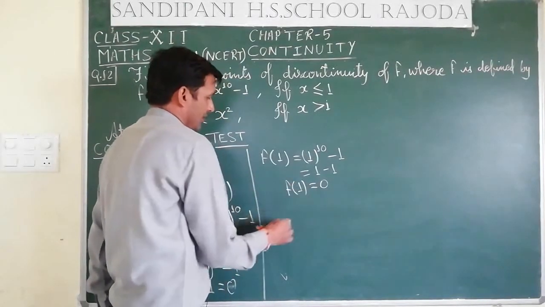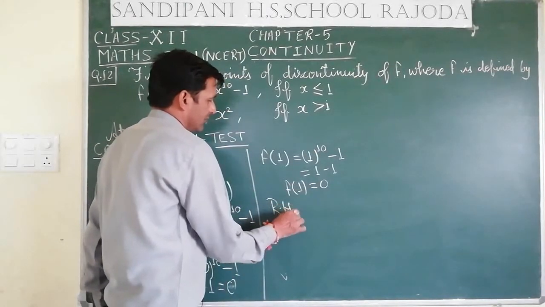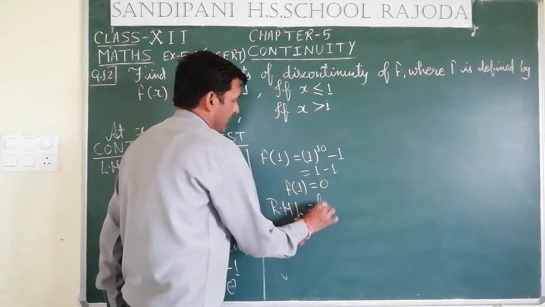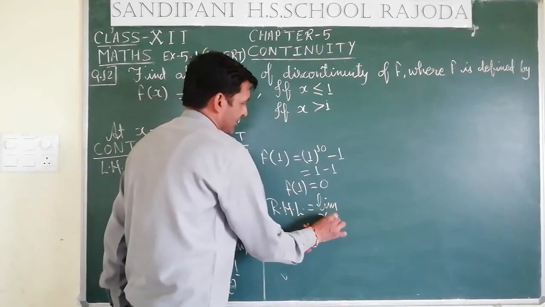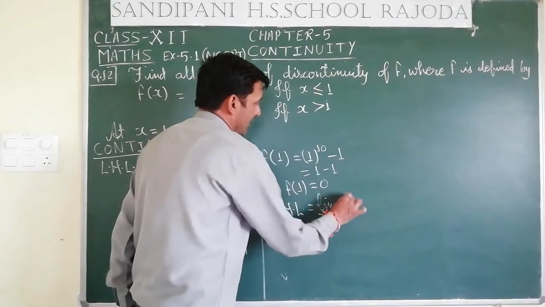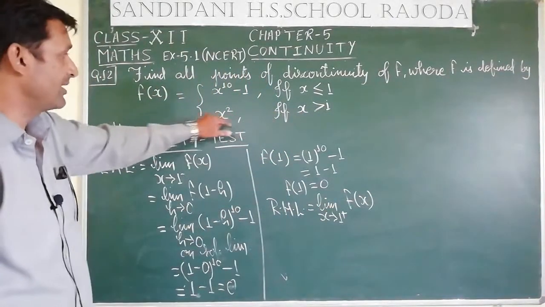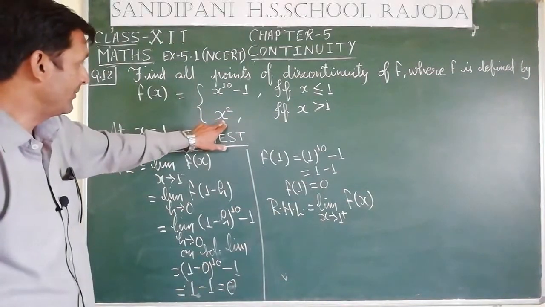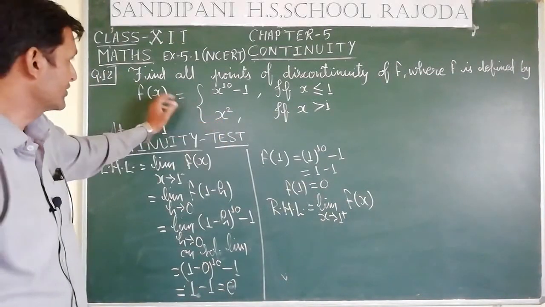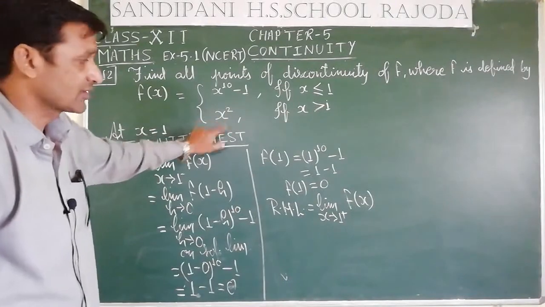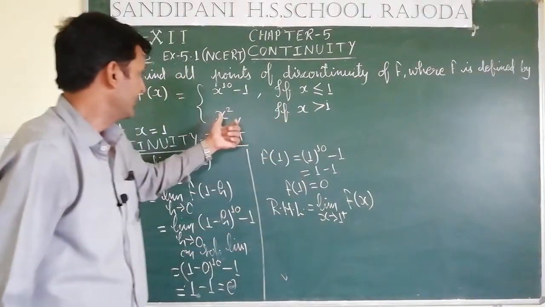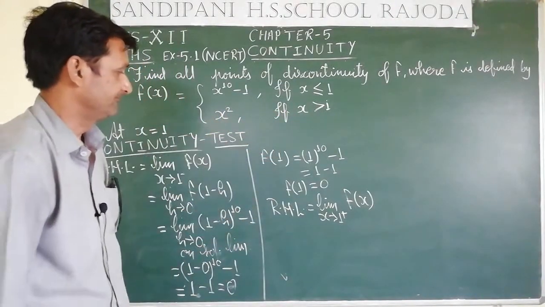Now for RHL, limit x tends to 1 plus f of x. So for x greater than 1, it is clearly mentioned in the function that the function will be x square now. Function's value f of x will be x square now. So we have to apply the value of x here.